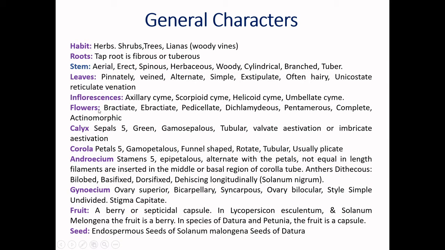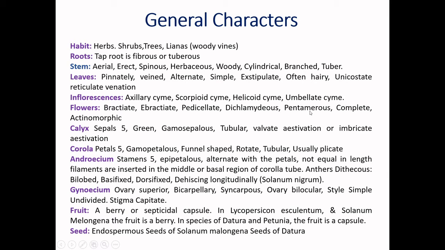Now let us see reproductive structure. Flower. Flowers are bracteate or ebracteate. Sometimes bracts are absent, that condition is called ebracteate, or sometimes they are present, they are called bracteate. Pedicellate, that means the stalk is present. Pentamerous. Penta means 5.